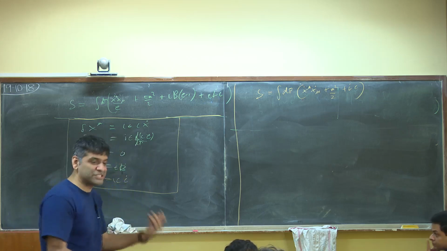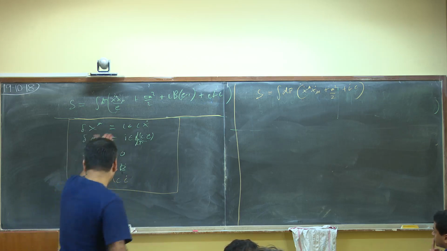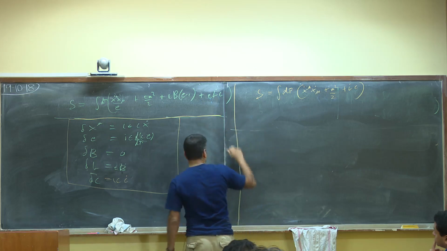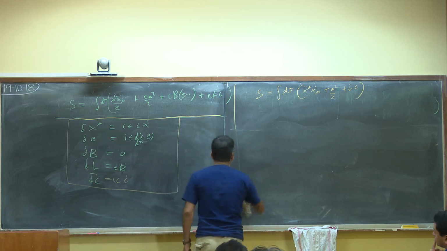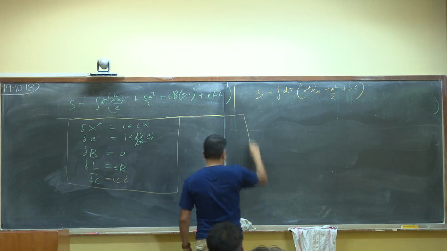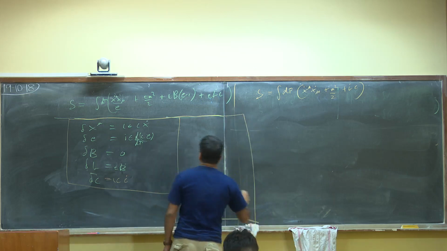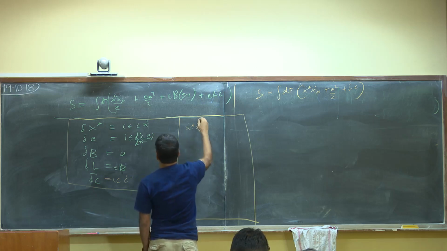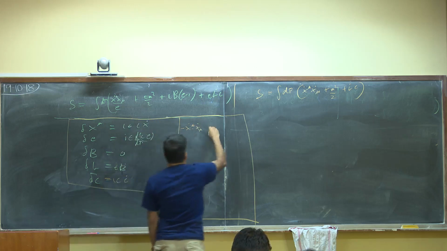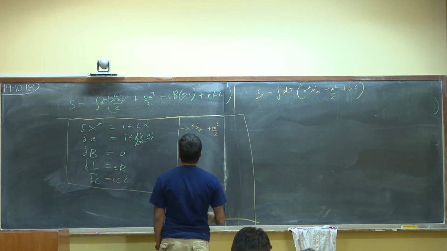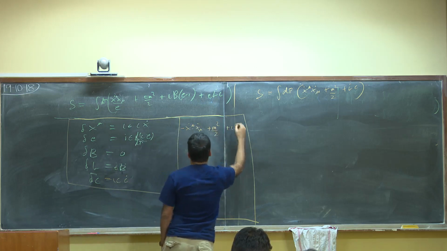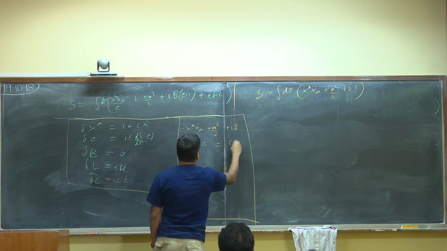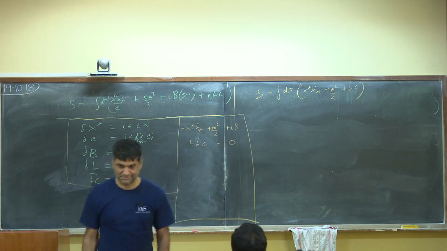The b equation of motion sets e equals 1. But the e equation of motion, well, let's look at what that is. The e equation of motion of this action here is what? It's x mu dot with a minus plus m squared by 2 plus ib plus b dot c is equal to 0.